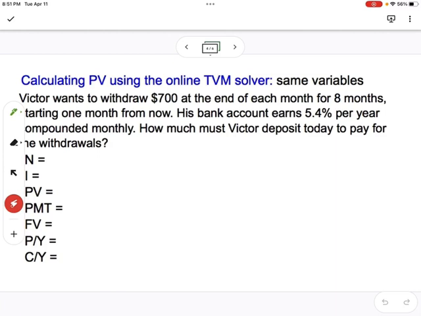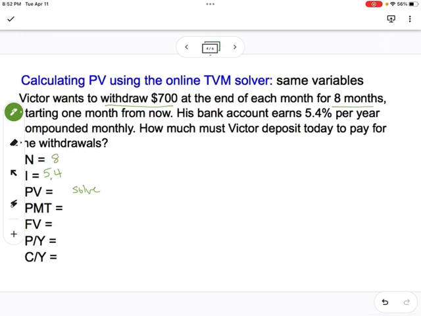Okay, so the number of withdrawals Victor is going to make is 8. This is going on for 8 months, so our N value is 8. Our interest, remember you don't have to convert this, so we're just putting the percent of 5.4. Our present value is what we're going to solve for. Our payments, that's the withdrawal of $700.